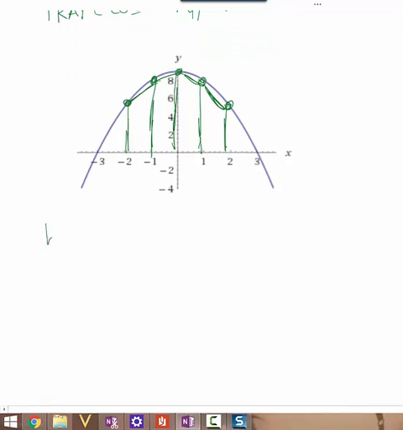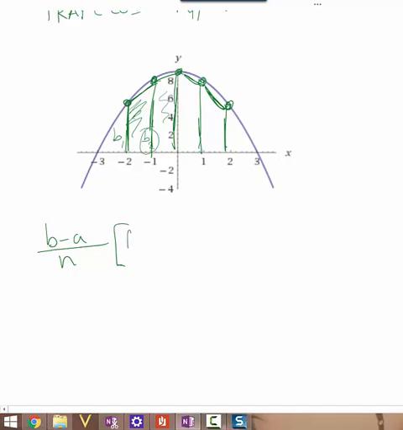So the formula is b minus a divided by n times. Now if you notice, we're going to use the height for this first one just once. So we'll use that base and the second base, or sorry, height. But then the second one we'll use for the left triangle and the right triangle.